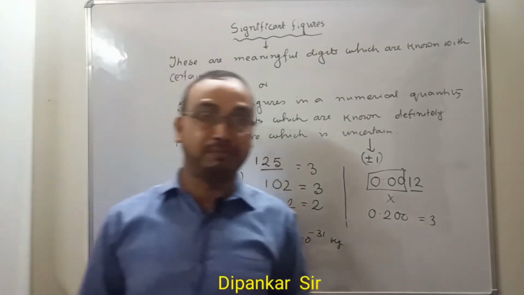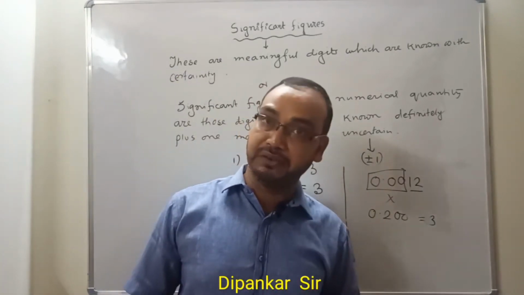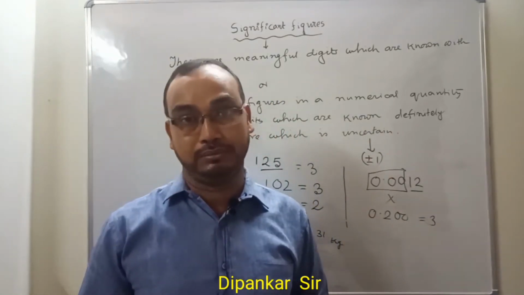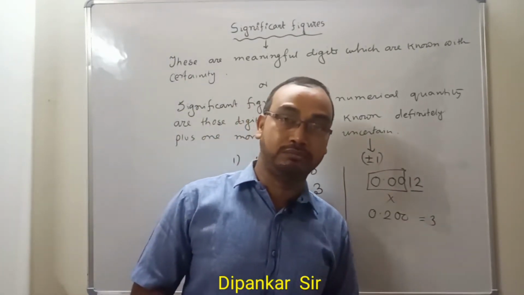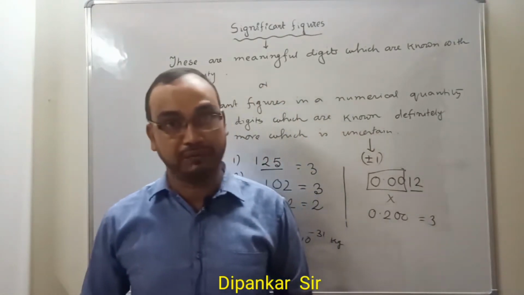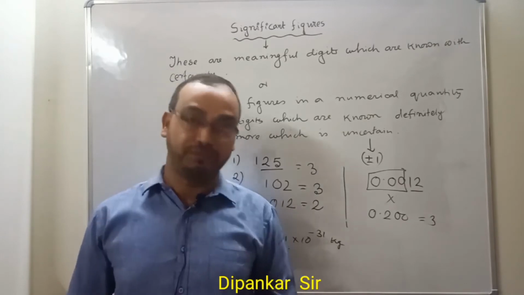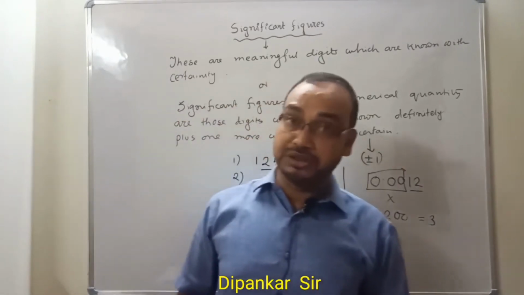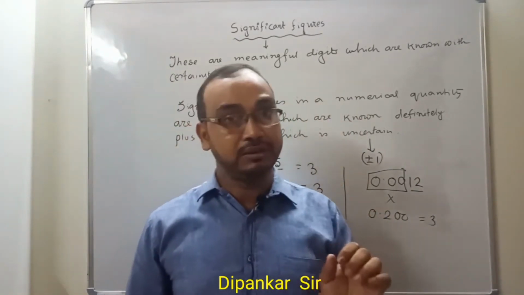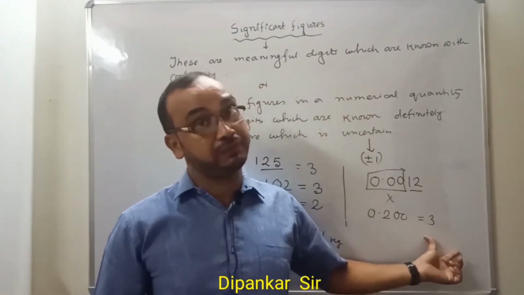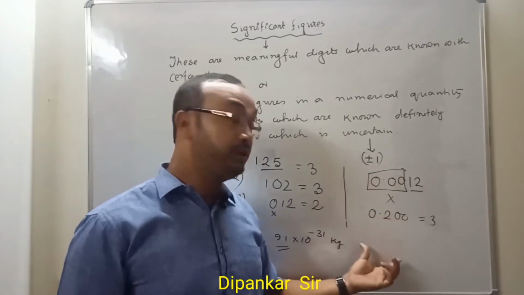And an exact number has an infinite number of significant figures, like 1 dozen pens, 1 week, 20 eggs. So this is how you know the number of significant figures in a given value.